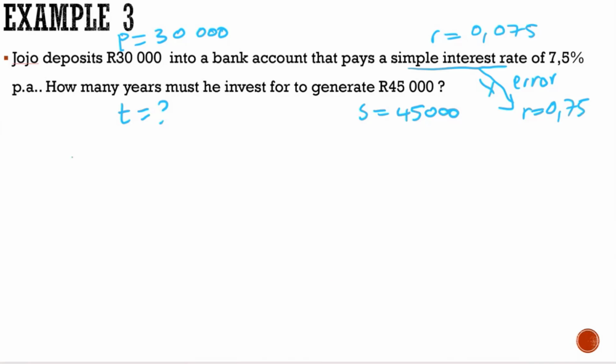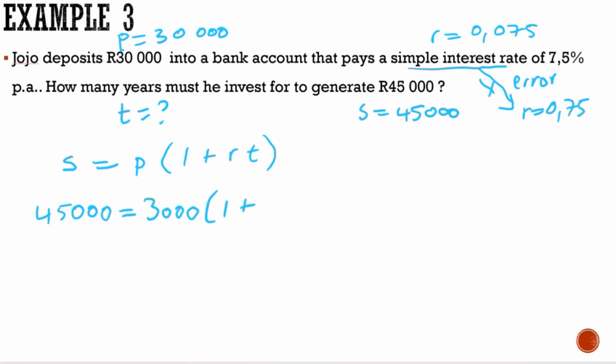So now you're going to have the future value is equal to present value into 1 plus RT. Okay, so your future value, you've decontextualized it. It is 45,000. So you've got your 45,000 is equal to your present value, 30,000, into 1 plus your R, which is 0,075. You are looking for T.